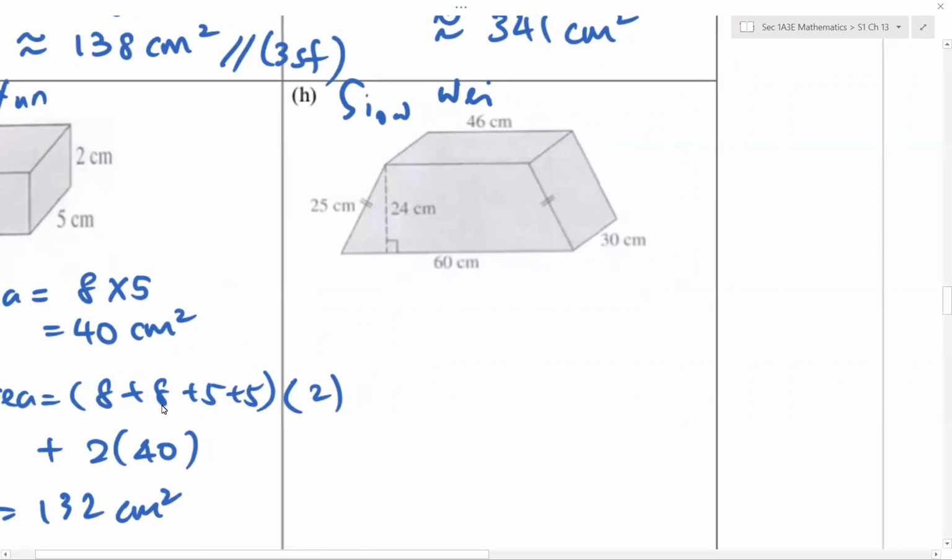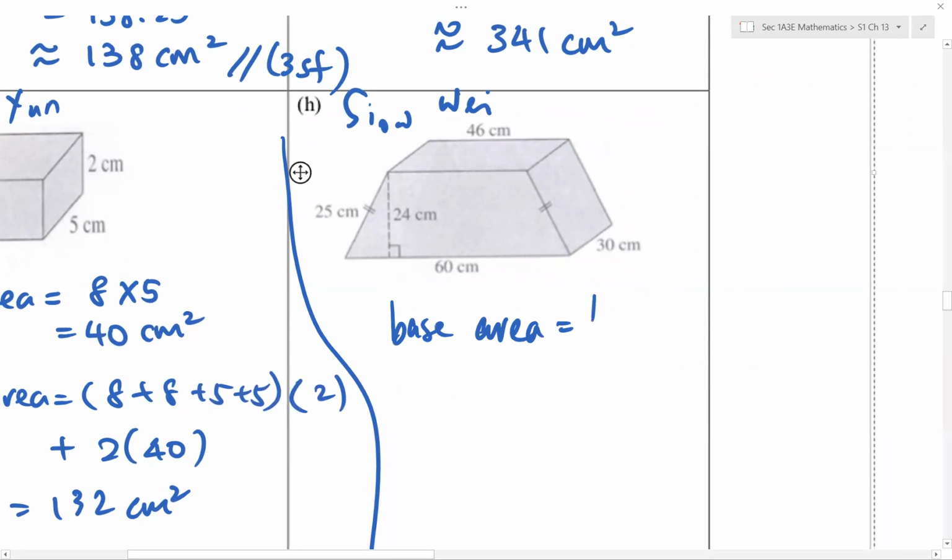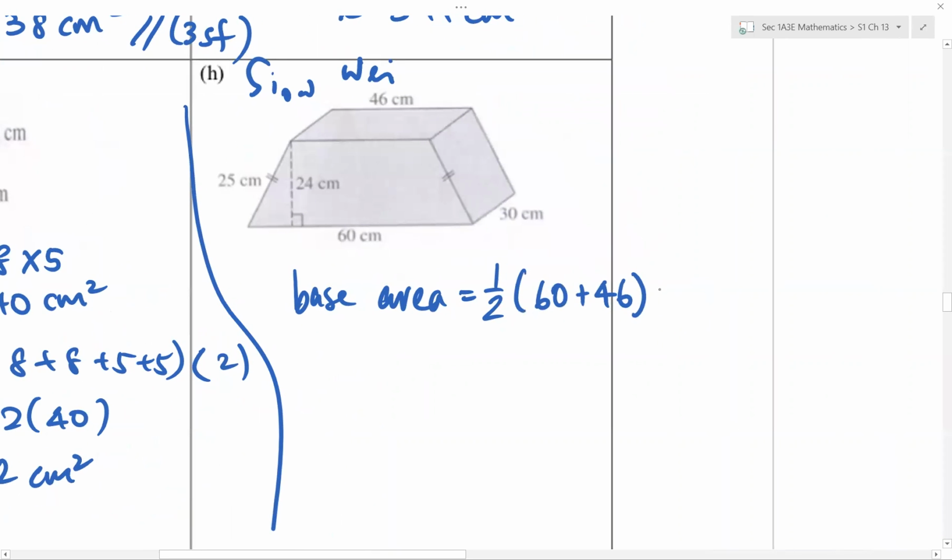So, Xiaowei, can you help us with part H? Base area. 60 plus 46, okay? 24, okay, what does that give us? 1,278, 72. Okay, I'm not checking the work.